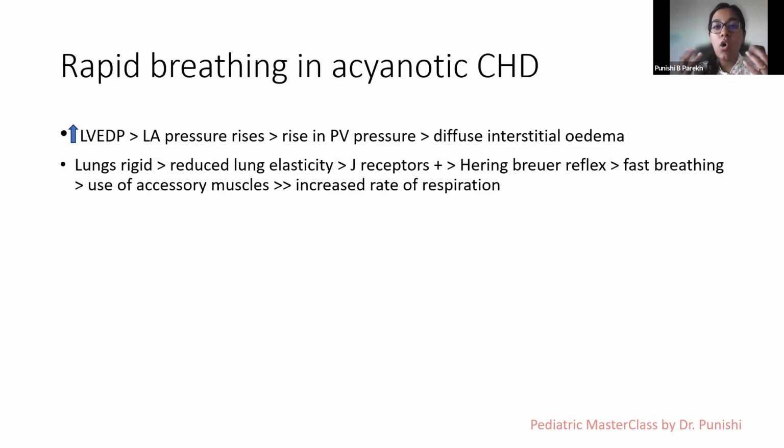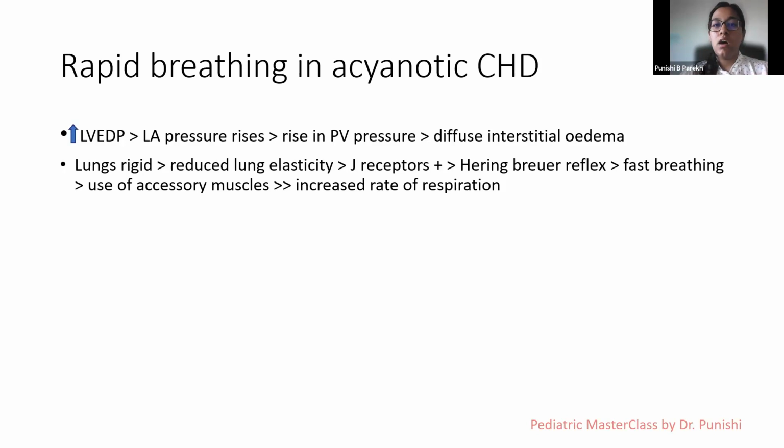So the body now senses that I am not supposed to let the lungs hyperinflate. So in order to maintain the saturation, maintain the oxygenation without causing lung hyperinflation, what is the other way it can do it? It's going to cause rapid rate of respiration, fast breathing, and along with the rate, it is also going to activate your accessory muscles of respiration.